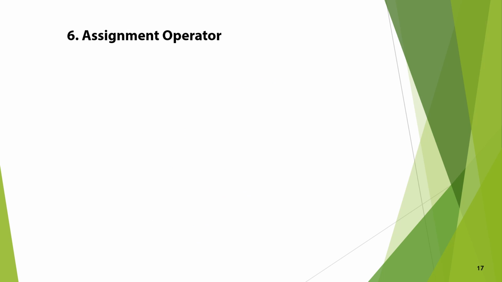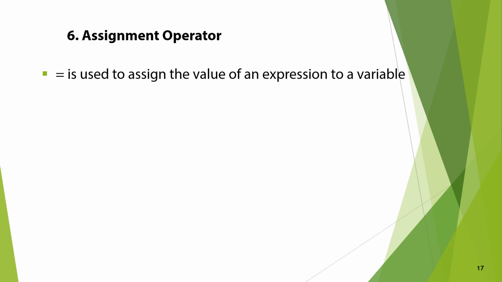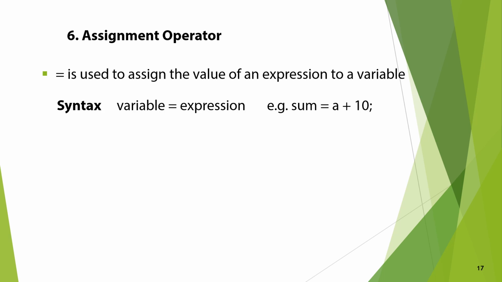Now the next operator is the assignment operator. It is the simplest operator. Assignment operator is nothing but assigning the value of an expression to a variable. So the expression will be solved first and then its result will be assigned to the leftmost variable, and for that the equal to sign is used. So equal to is nothing but the assignment operator.